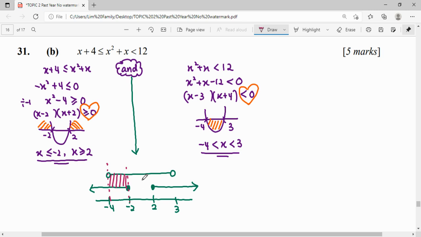In the middle we don't have anything to intersect, but in this other region, yes, we have two number lines intersecting. After that, we don't have any number line to intersect. So finally, our answer starts from -4, not included, until -2 included, union the other part, 2 to 3.